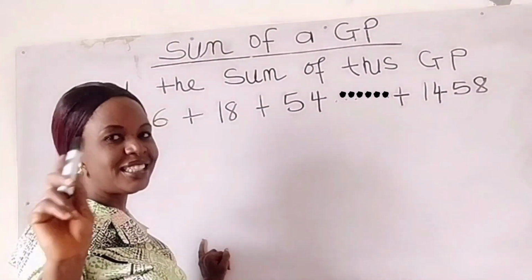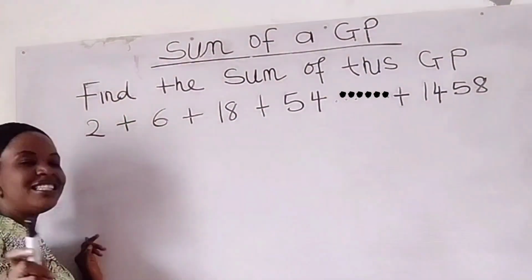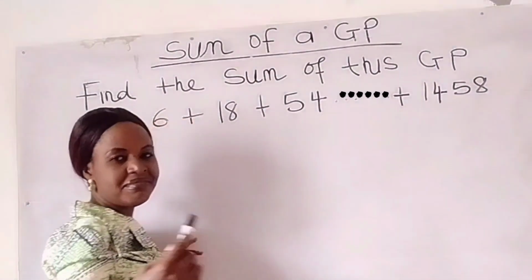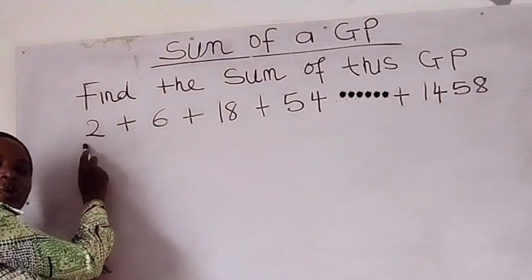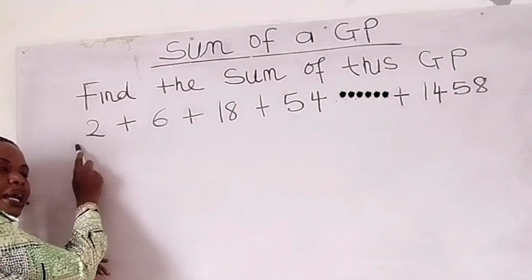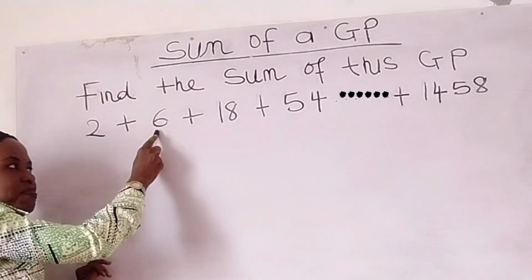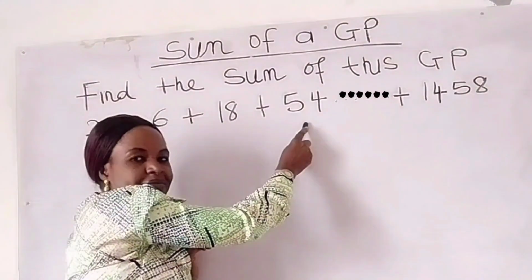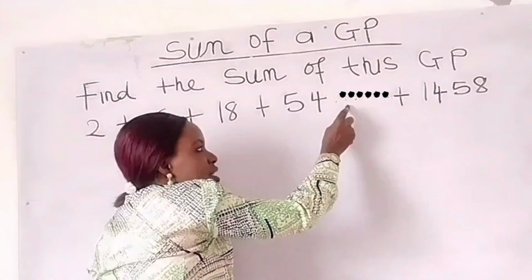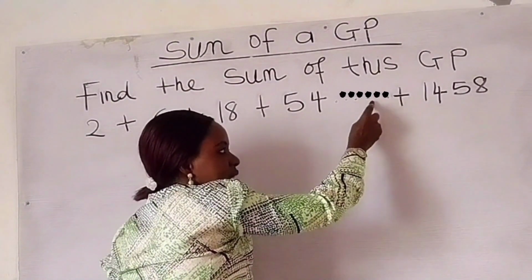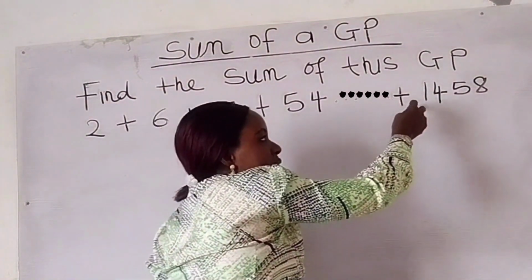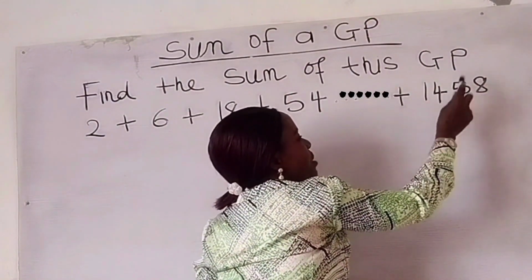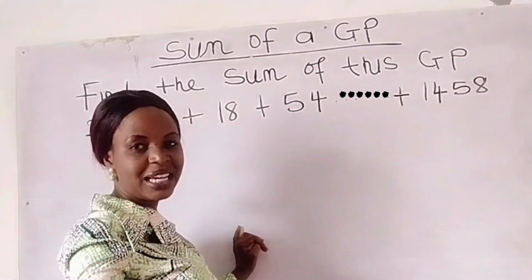I take it again. The question is, find the sum of this GP. The GP is 2, the first term, plus 6, the second number, plus 18 plus 54 and other terms not given. And the last one, according to the equation, is 1458. Now we write our solution.